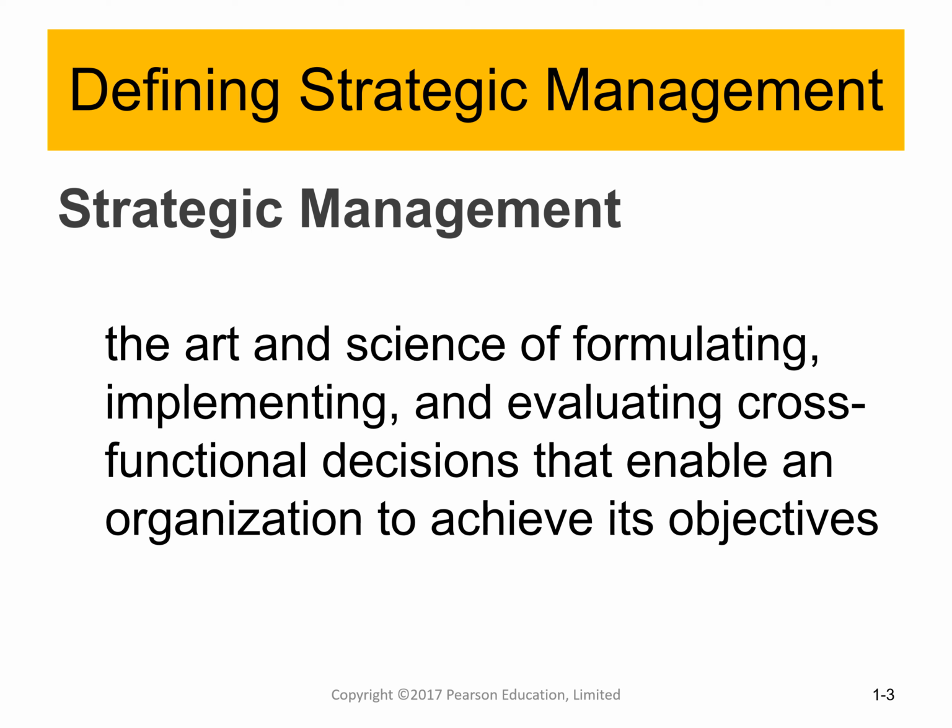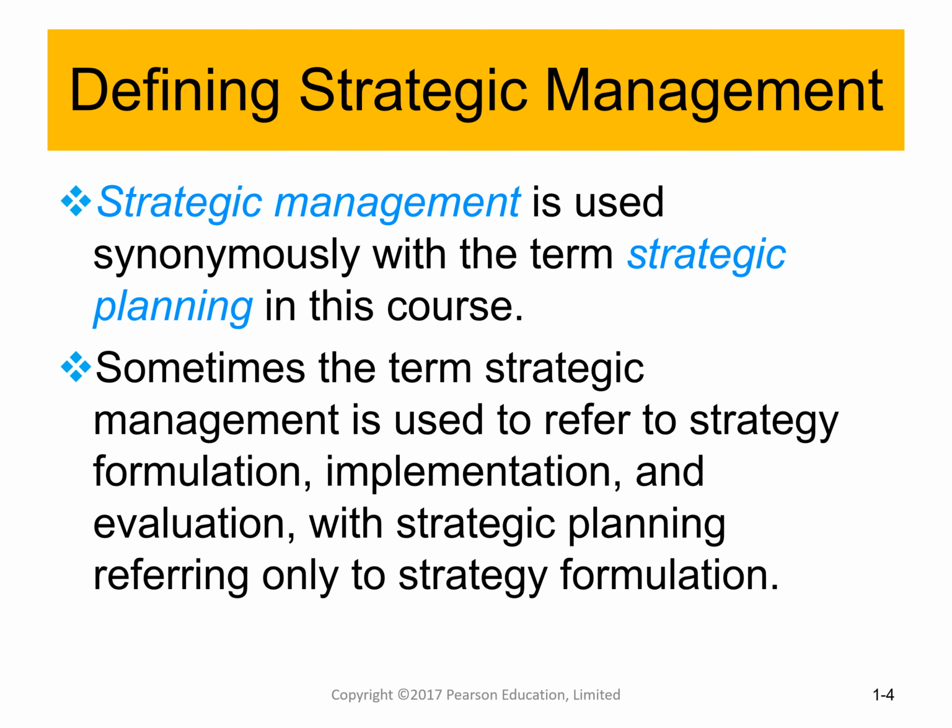What we mean by cross-functional decisions is that in an organization, there are several departments. You have the human resource department, the accounting department, the finance department, the production department. So in strategic management, decisions are made across different functions for the benefit of the organization as a whole. Such decisions are called cross-functional decisions.